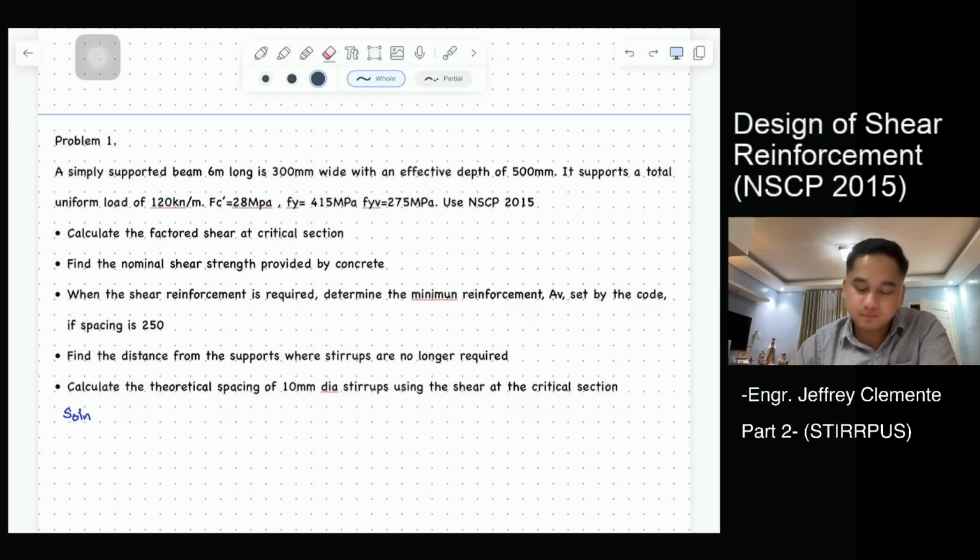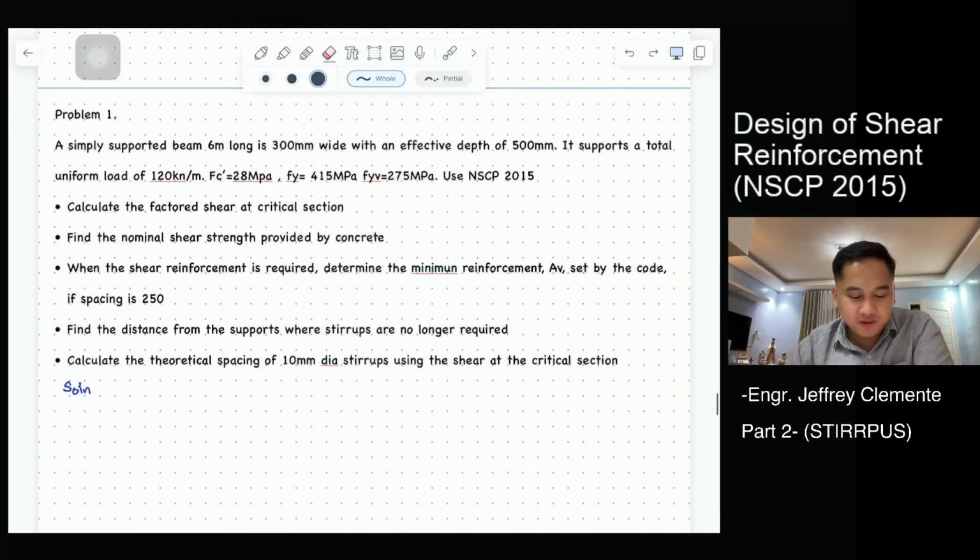So the first problem: a simply supported beam, 6 meters long, is 300 mm wide with an effective depth of 500 mm. It supports a total uniform load of 120 kilonewton per meter.